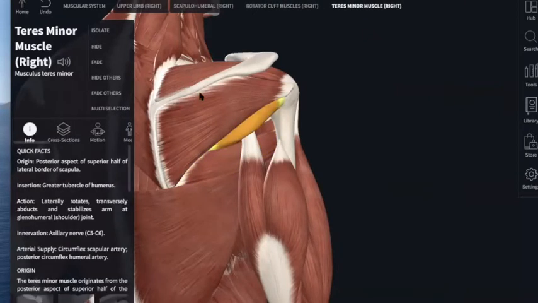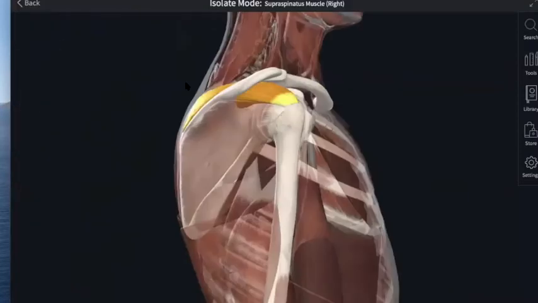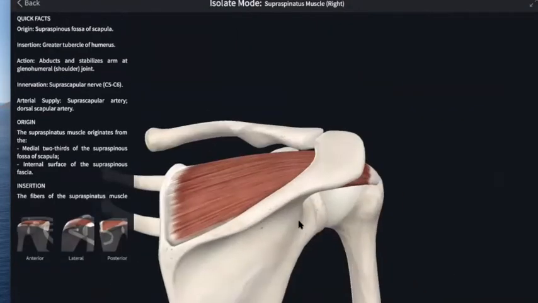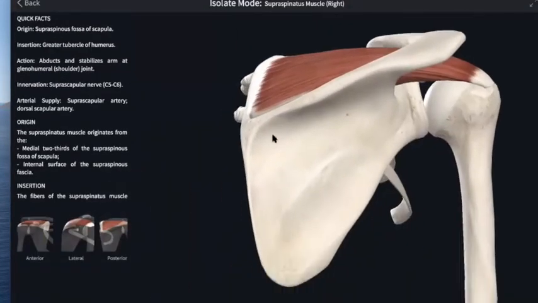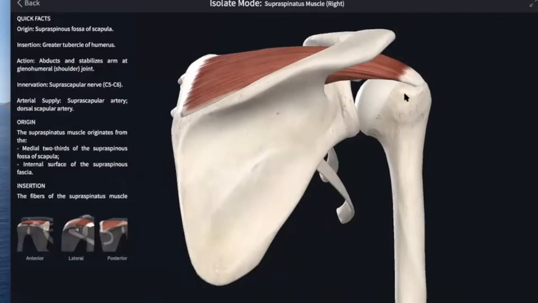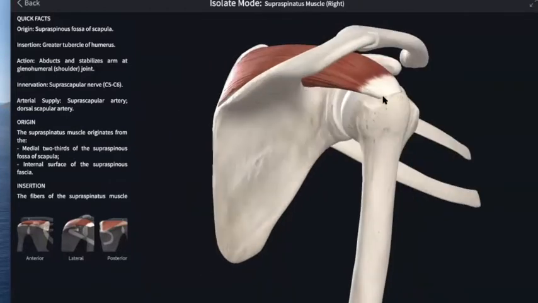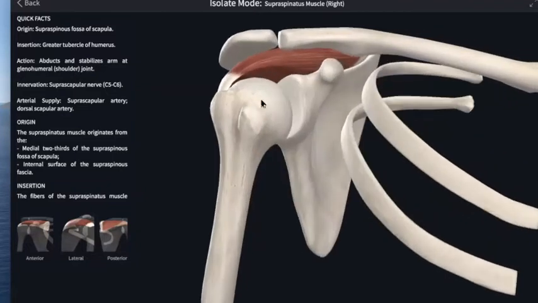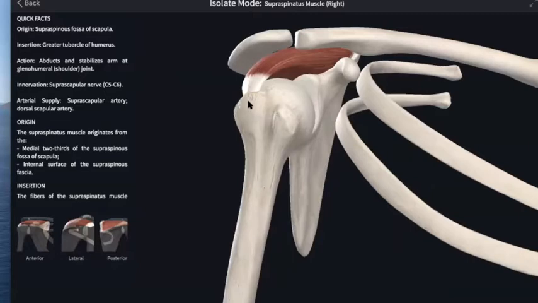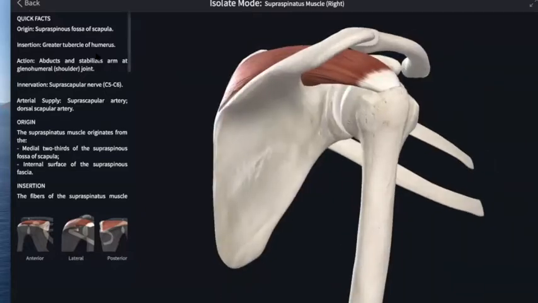So notice these three muscles are all going to be converging on around the same point of your greater tubercle, right, which is a little more posterior than the lesser tubercle. Right? So they're all going to have this same insertion point.